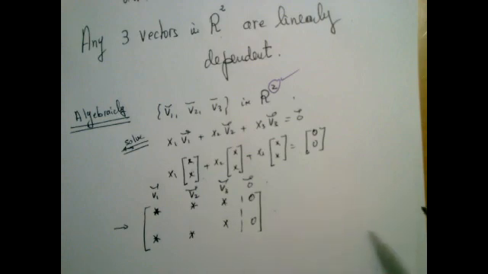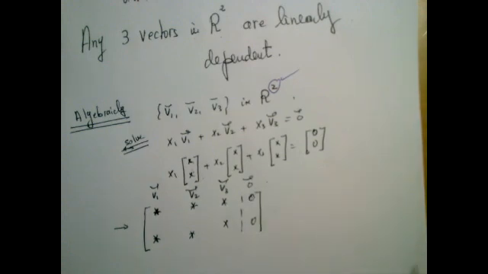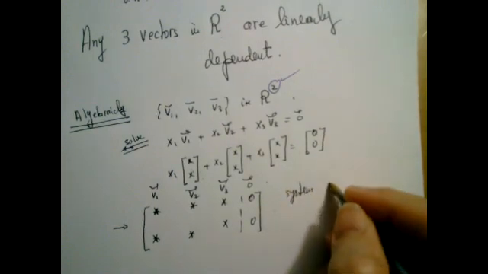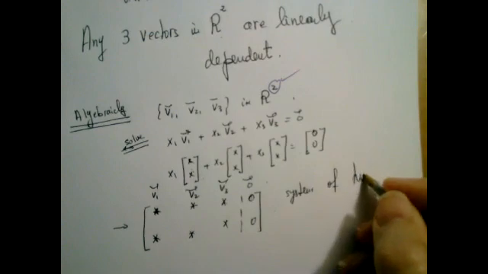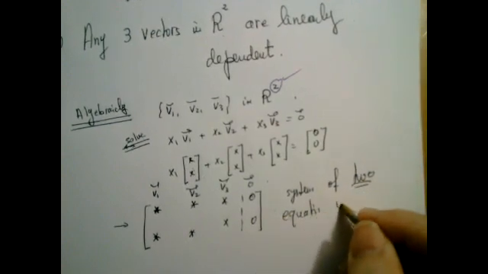Even if you don't know anything, you know enough to be able to answer my question. So if we solve this system, are we going to have a non-zero solution? What do you think? That's a system of 2 equations with 3 unknowns.